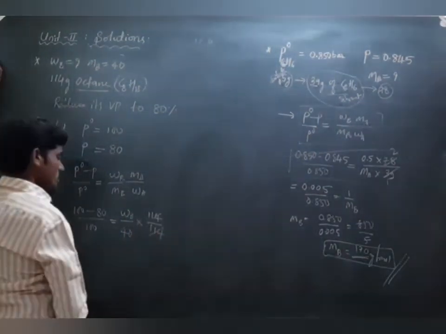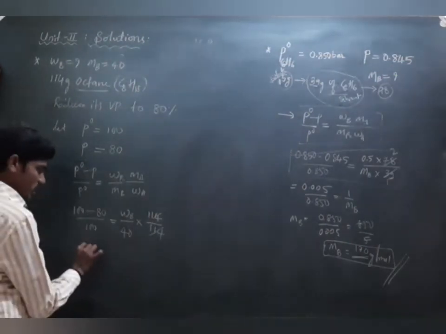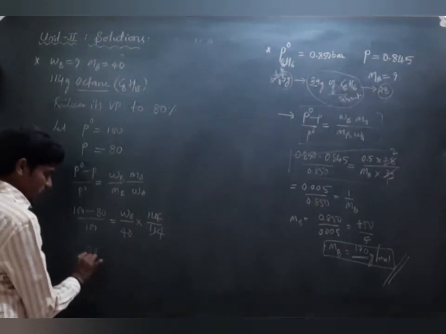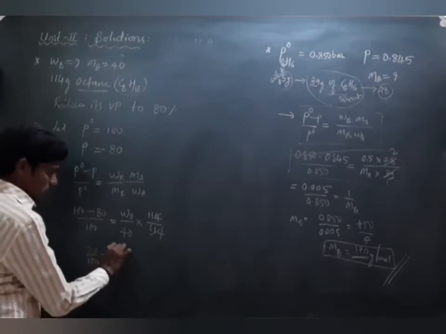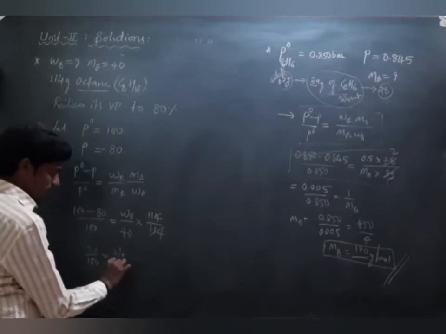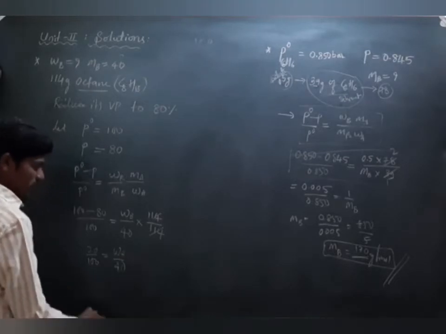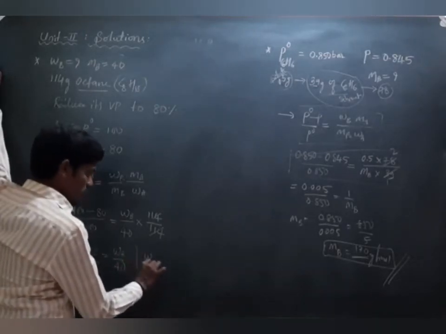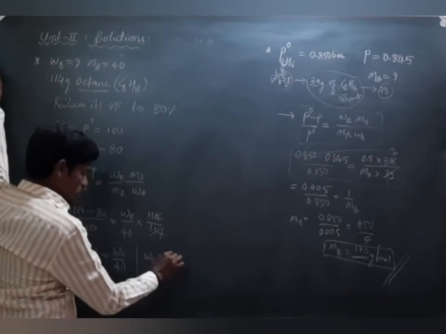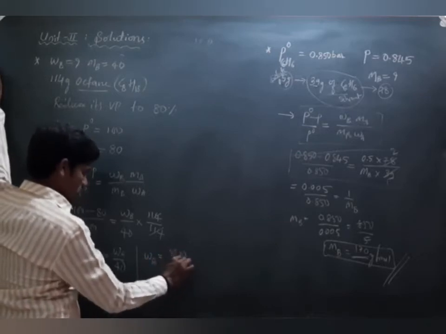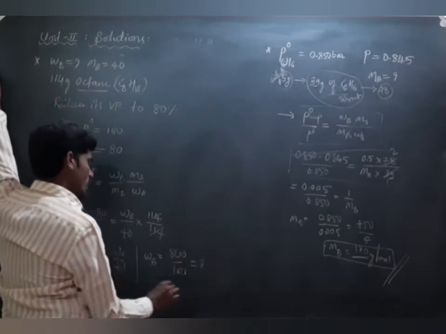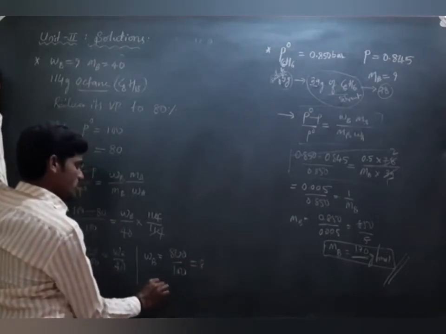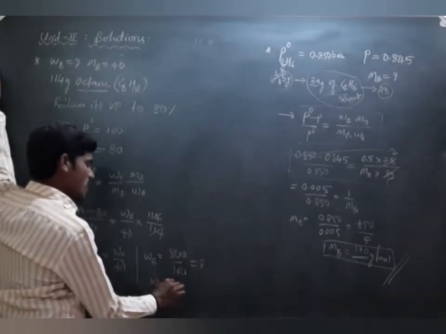So it is 20 by 100. 20 divided by 100 is equal to WB divided by 40. So therefore WB is equal to 800 by 100. So WB is equal to 8, right? So this is our expected answer.